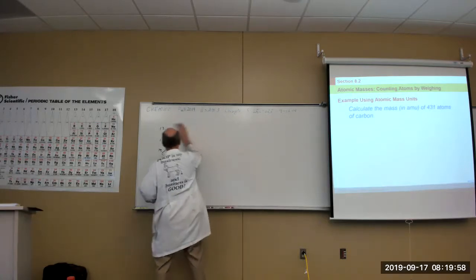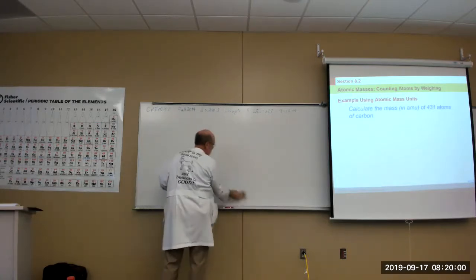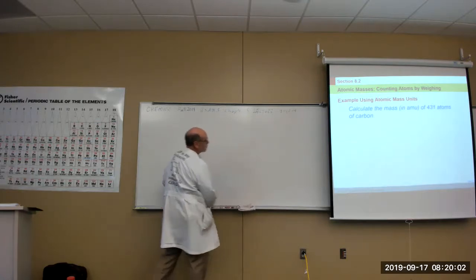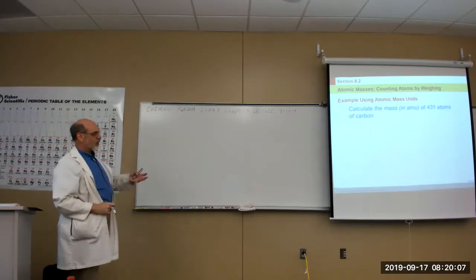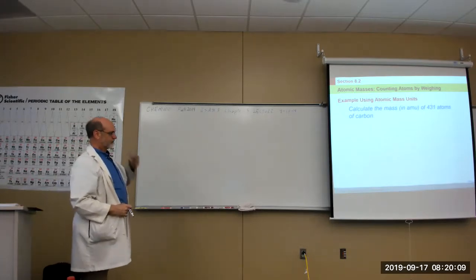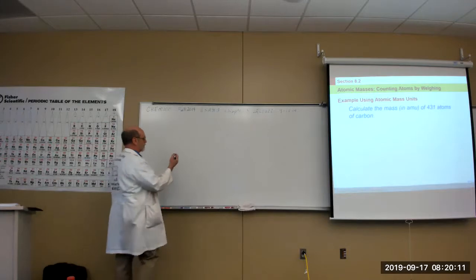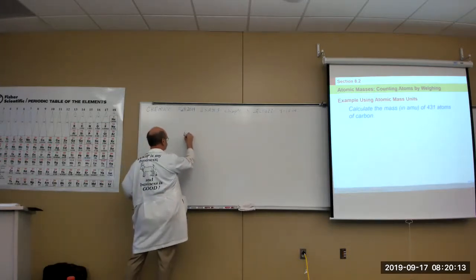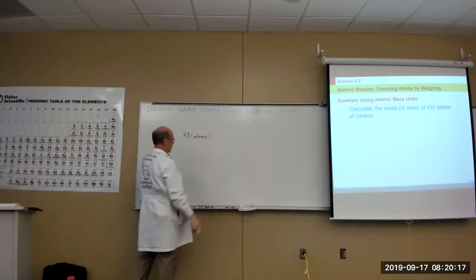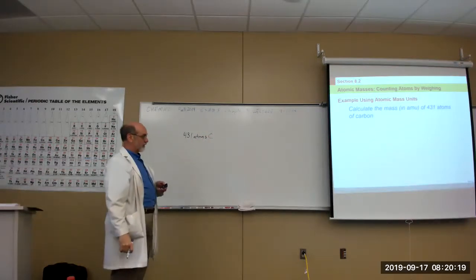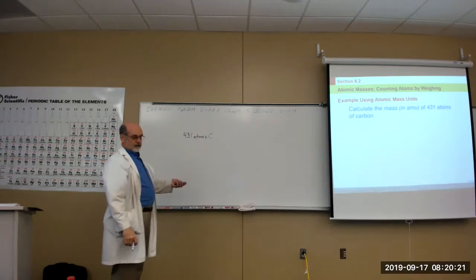So here's an example. If we know that we have a sample of carbon, and we have 431 atoms of carbon, we want to convert that to atomic mass units.